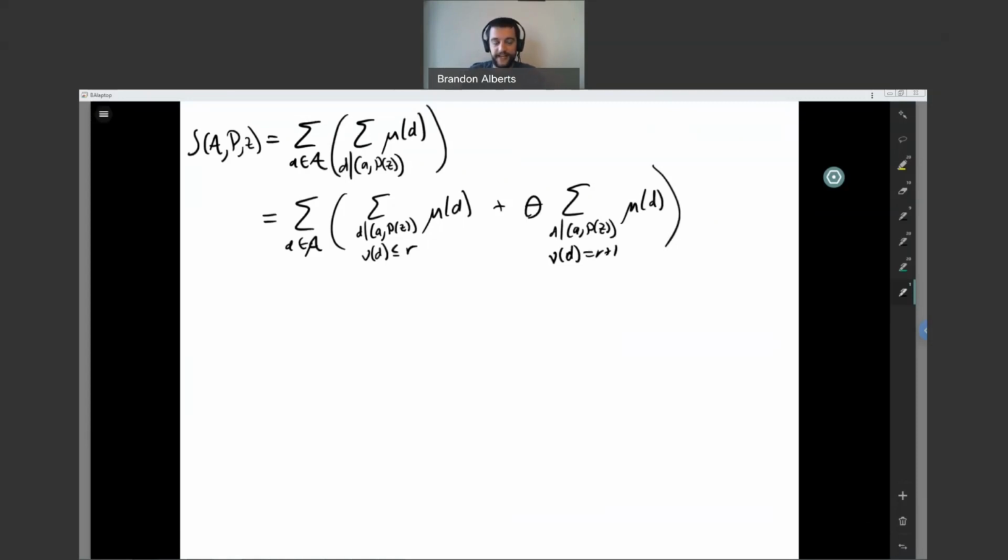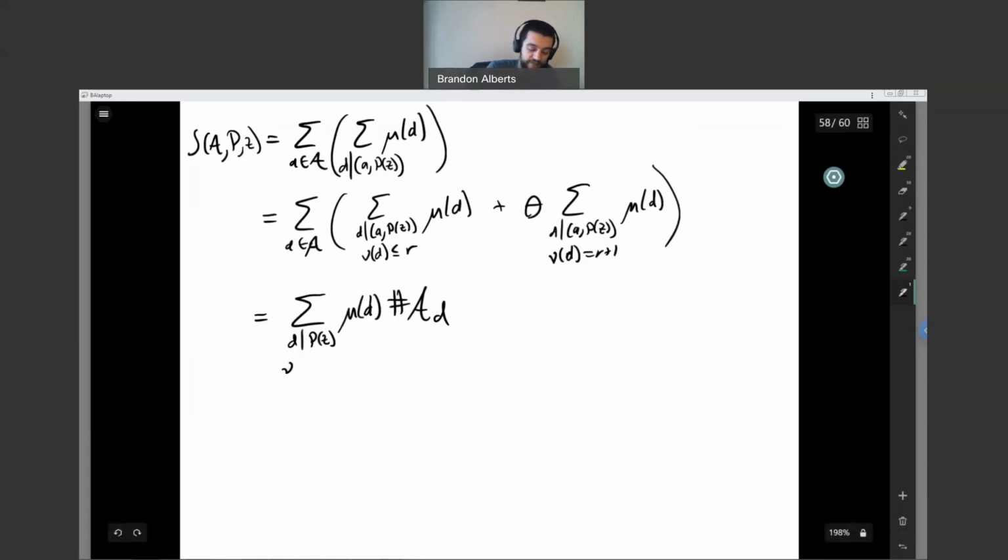All right, now let's put these together. Let's take this sum and push it into everything else. The leading term, we know this is going to be an inclusion-exclusion of the sizes of the bad sets. So this is the sum over D dividing P of Z, mu of D, size of a bad set, the set we want to remove.